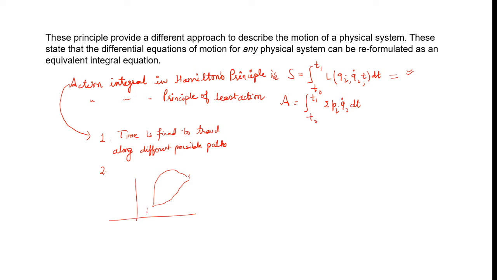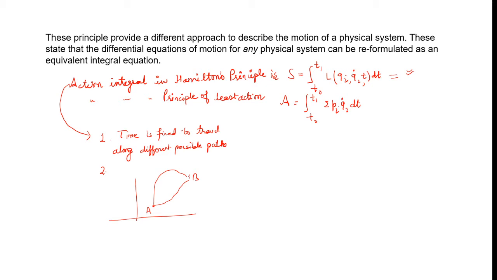To reach from A to B in the same time, the system point has to speed up or speed down to maintain the time. And that consequently means that the energy of the system point may not be the same for different paths. It is not conserved.